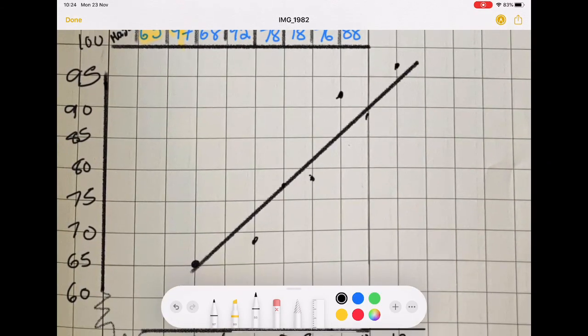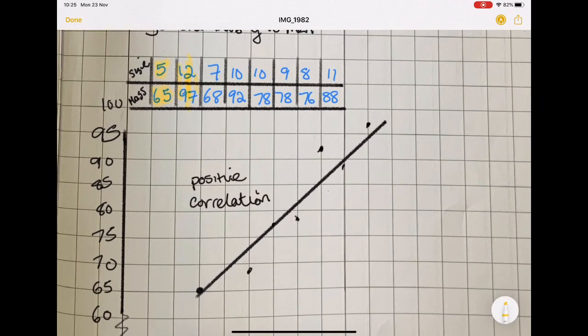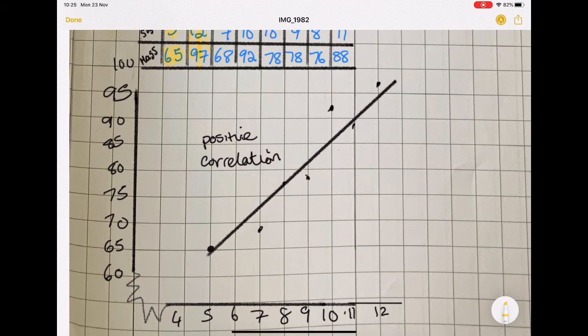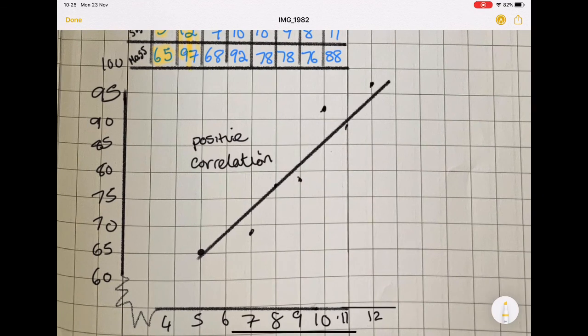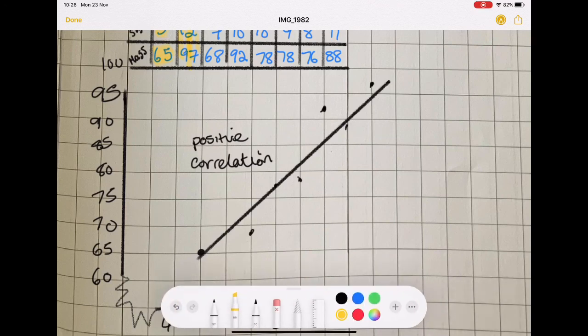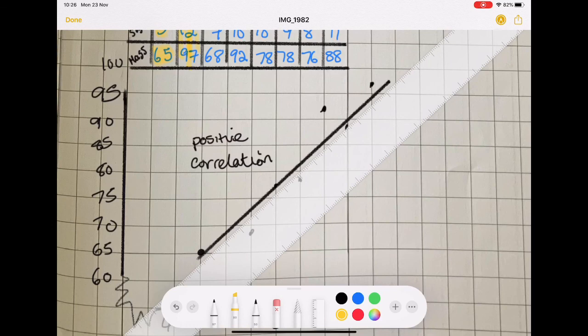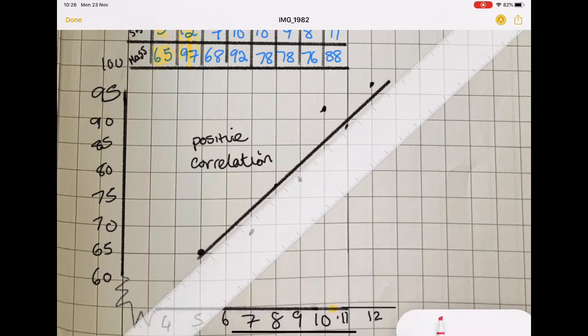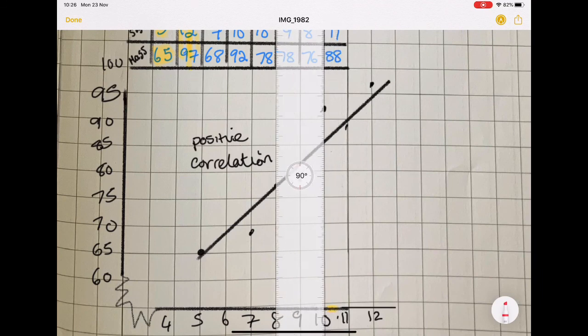So we can say that this graph has a positive correlation. This is where the scatter graph really is a good tool, because we can come along now to here to size 10.5, and we can draw ourselves a line which will help us to identify the mass of a man who has a shoe size of 10.5.